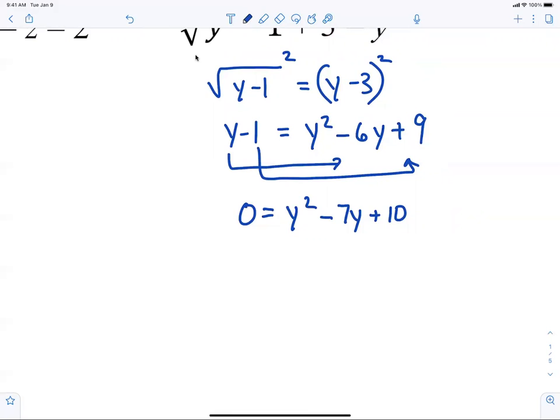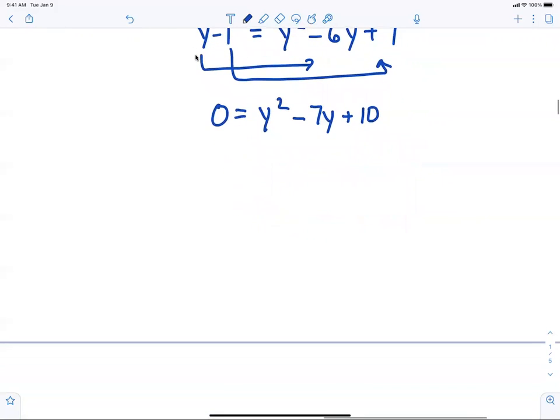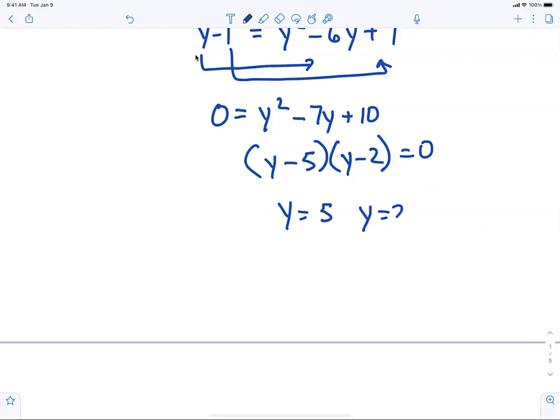And now we're just factoring. Somebody tell me what happens when I factor here. Oscar, I can't hear you. Yep, -5 and -2. So my answers so far, y equals 5, y equals 2.